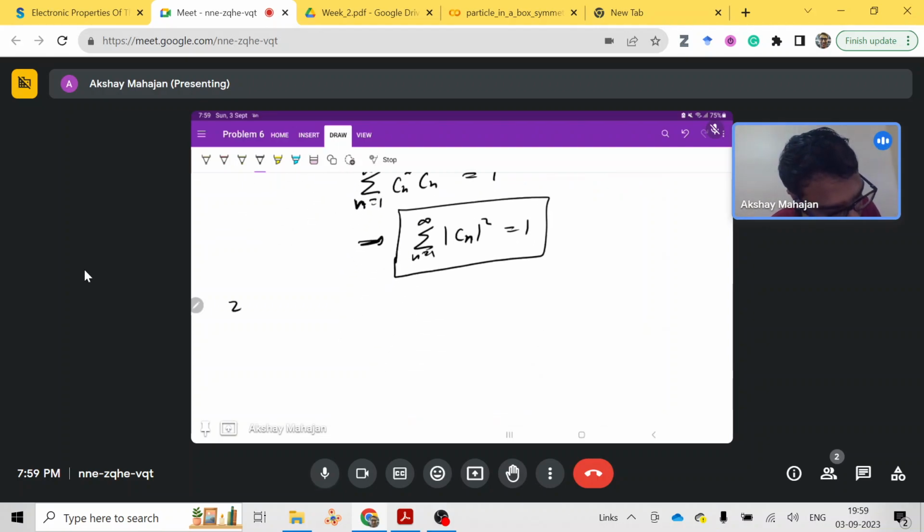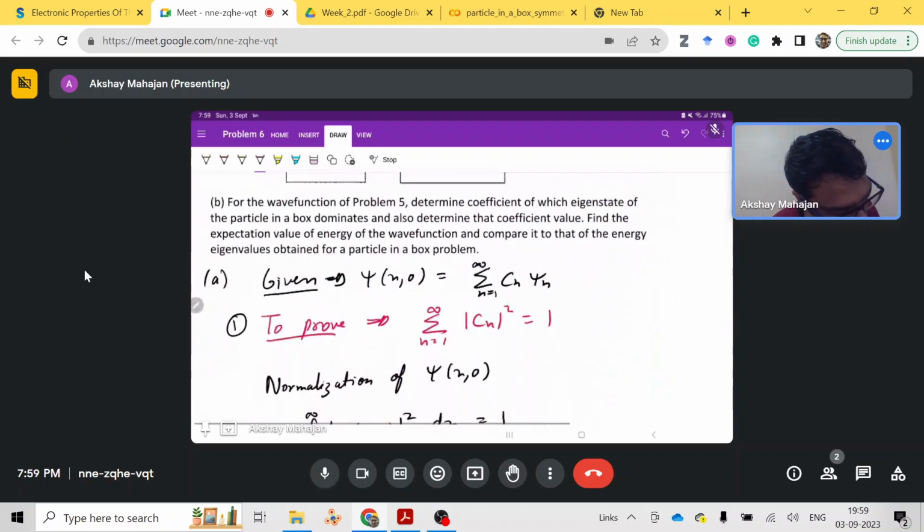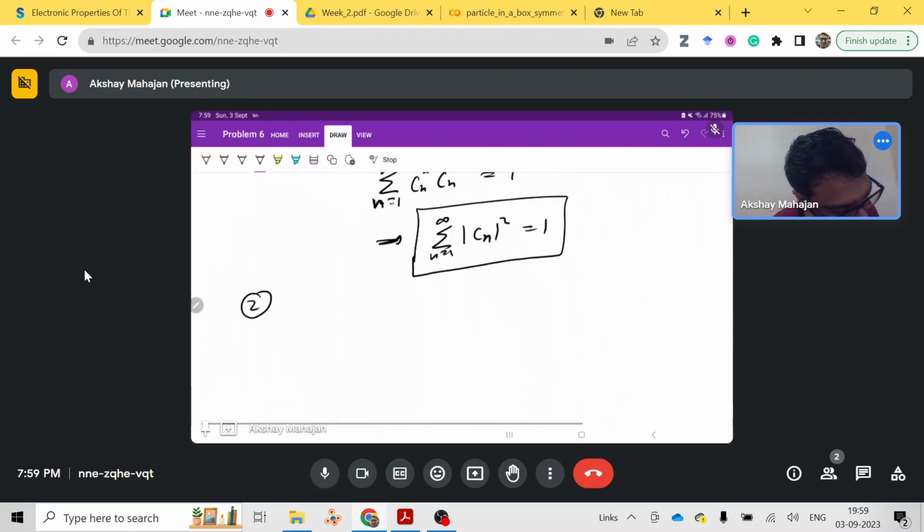Now the second part that we have to prove. Okay, so this is the first part we have proved: summation of mod of cn square equals 1.